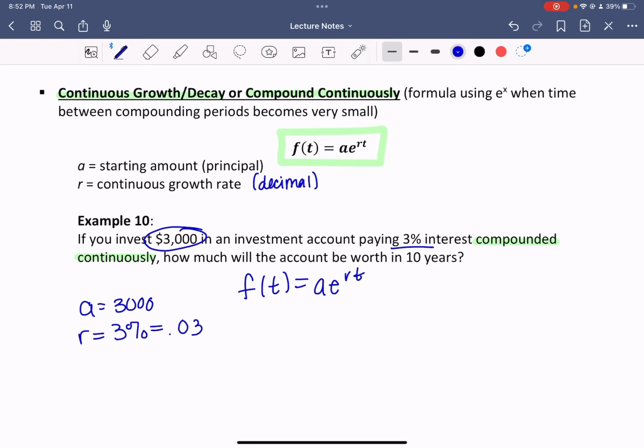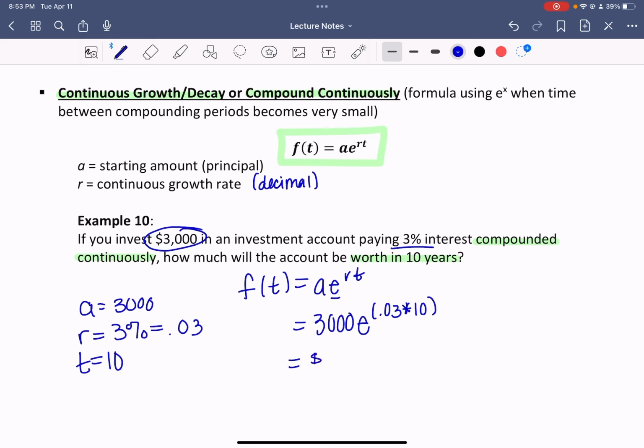That's what I want to use for my rate. Compounded continuously, that's where it's coming into play that I'm using e here. And then it says how much is going to be in the account after 10 years, so my time is equal to 10. So this is equal to 3,000 e to the 0.03 times 10. That's how I'm going to enter that into the on-screen calculator.